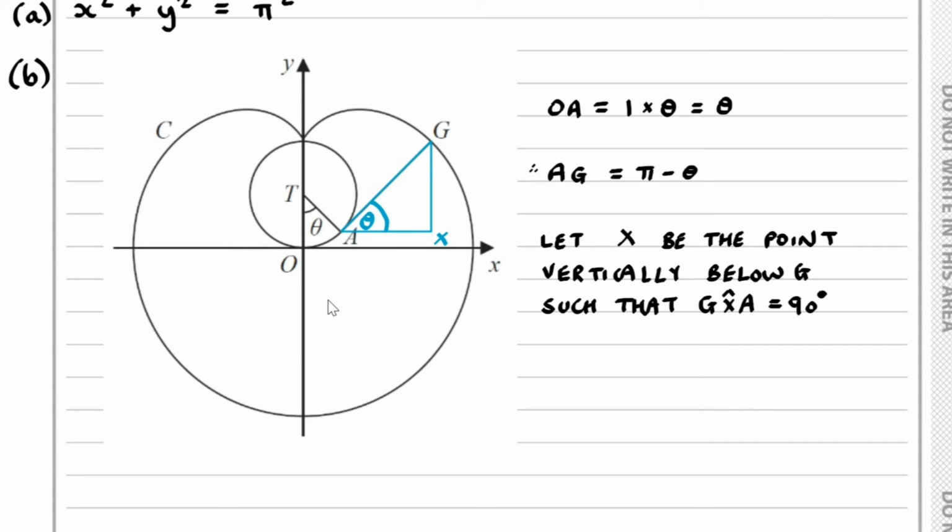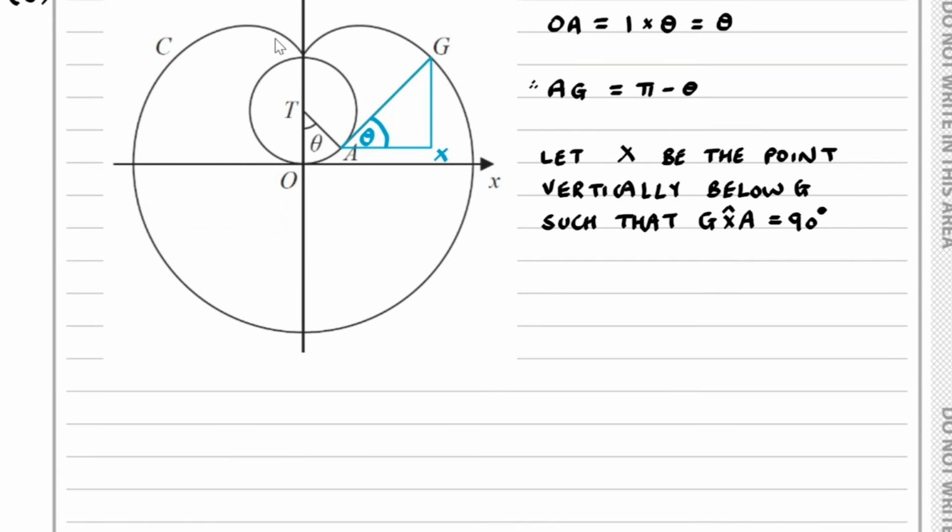So we've got that angle equaling theta, and so for us to find out what x is, how many are we going across?